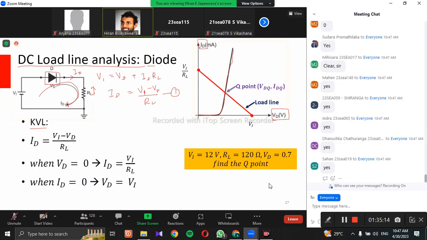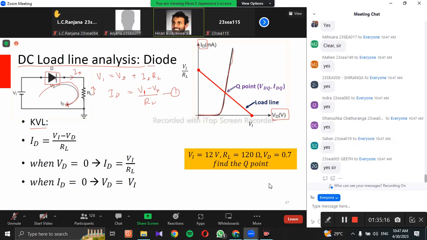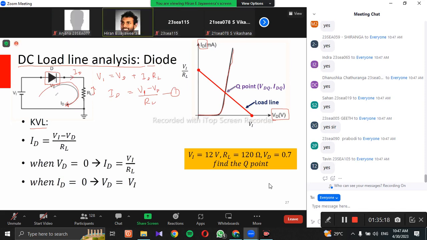Right. So the second step is that you see the effect of the circuit on the diode and find the relationship between diode current and voltage. For this, we apply Kirchhoff's voltage law, and we came up with this equation. The black curve says that if you have a certain voltage, this is the current it can have.